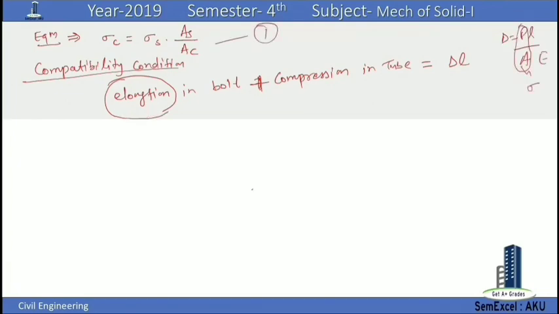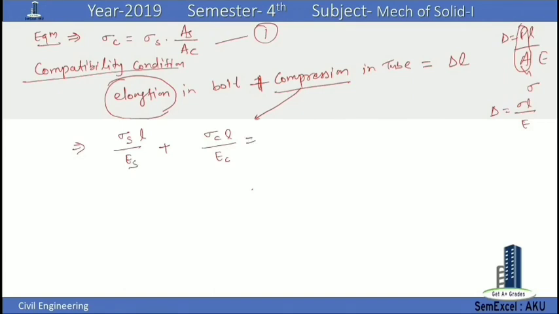Here P by A is known as the stress sigma, so delta may also be written in terms of sigma like this: delta is equal to sigma L by E. So here we can write elongation in bolt is equal to sigma S LS by E, but length of bolt is equal to the length of tube, so we will write it as L, plus compression in tube, which will be equal to sigma C into L by E of tube, that is EC, E of steel, that is ES.